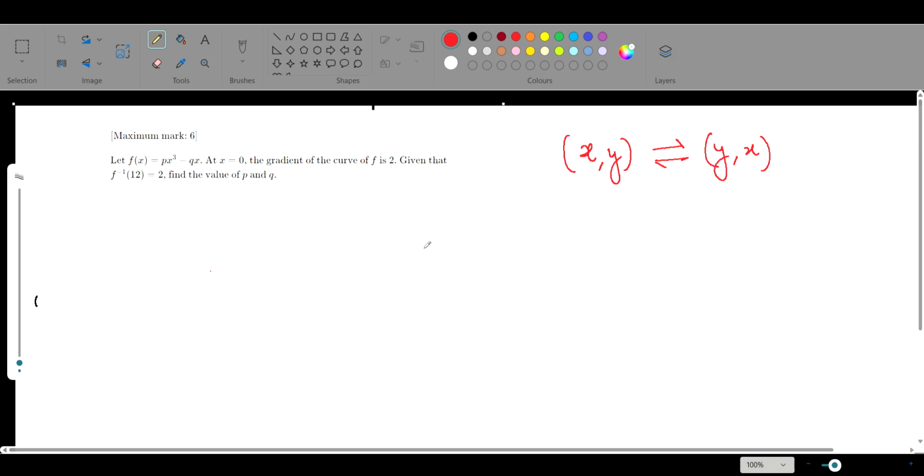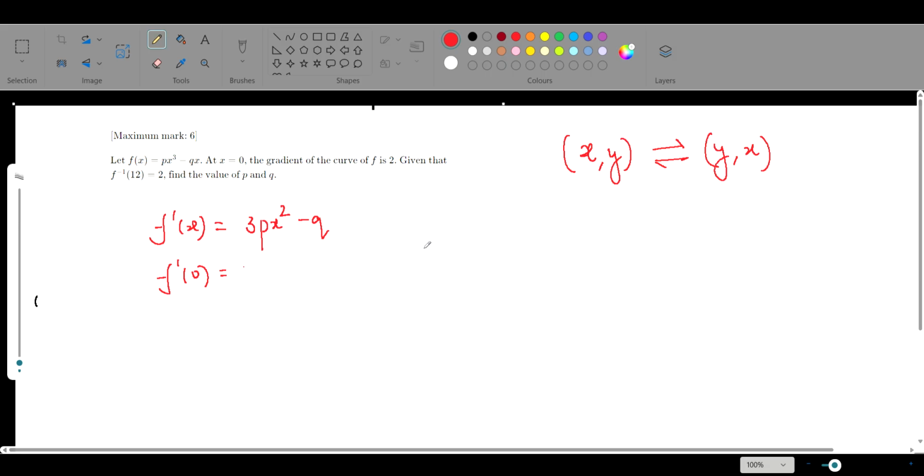So 2 to the power of 3 is 8, 8p minus 2q is actually 12. And 2 to the power of 4, 12p minus q is actually 2.